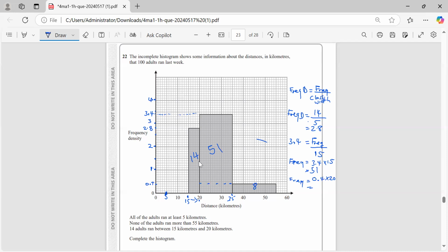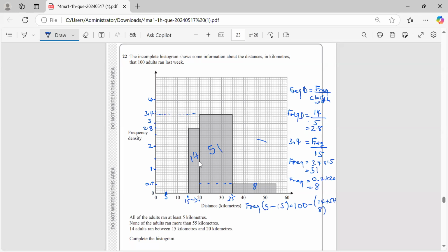So we want to find out the frequency of the remaining class, which is 5 to 15. To find it, you're going to do 100 minus the total of 14 plus 51 plus this 8 over there.